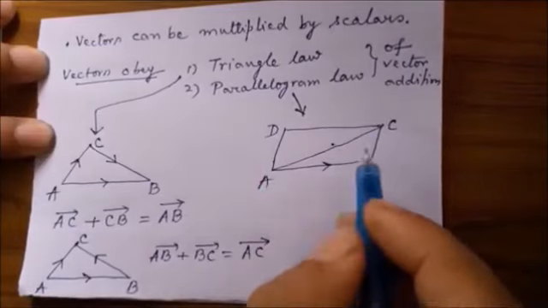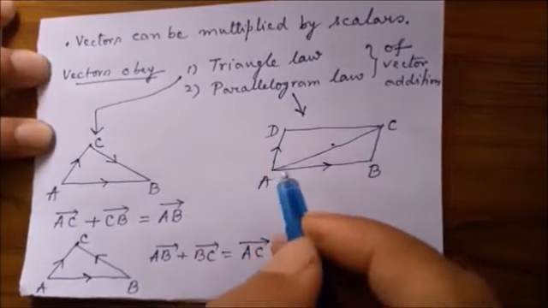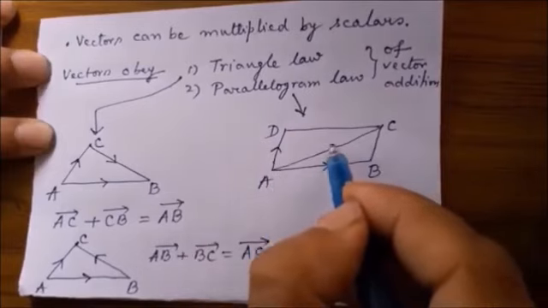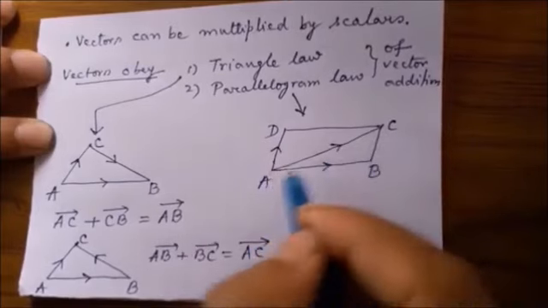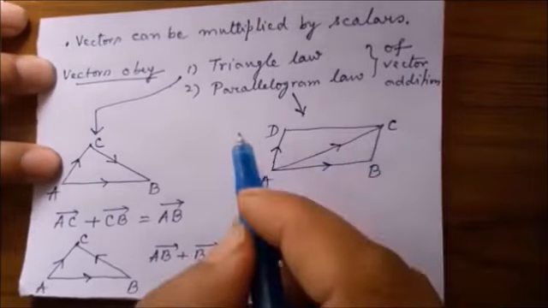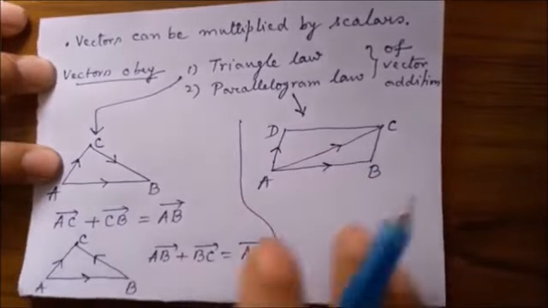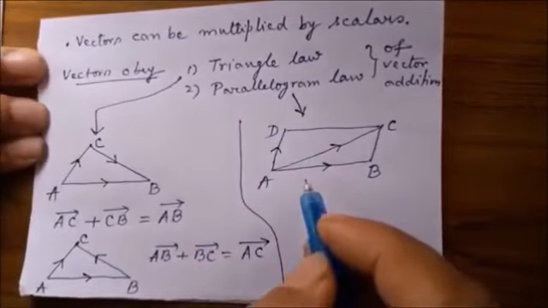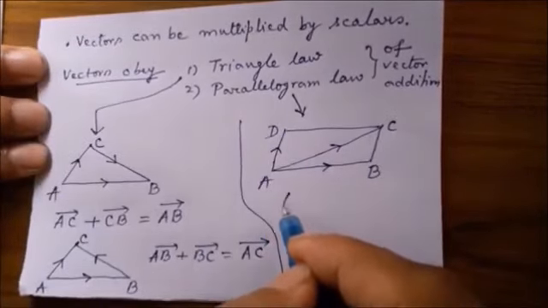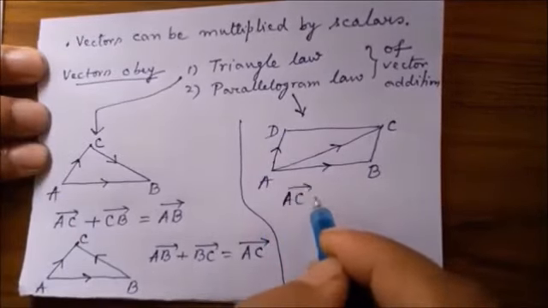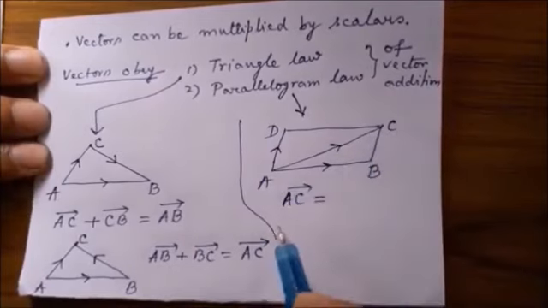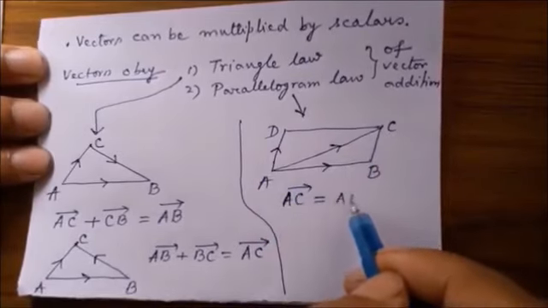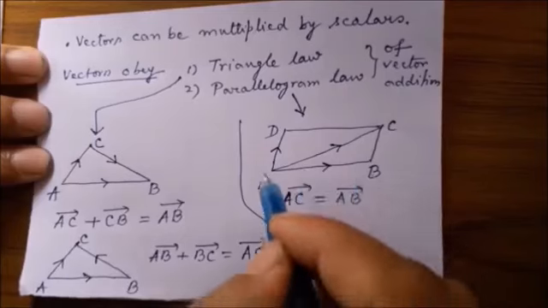You take AB, you take AD, and then vector AC is the diagonal. Then according to parallelogram law of vector addition, the diagonal AC is in fact the vector sum of AB and AD.